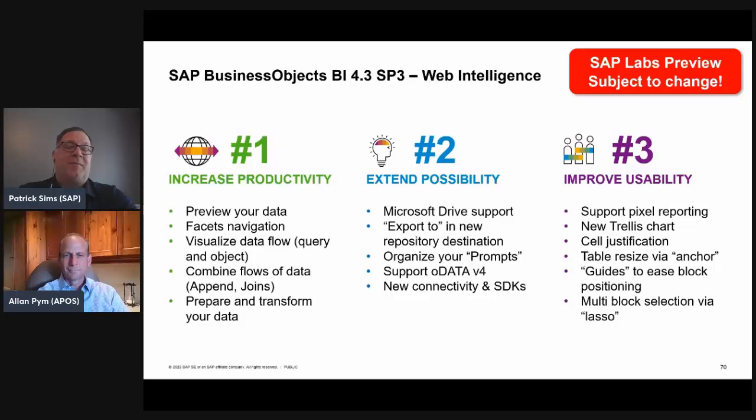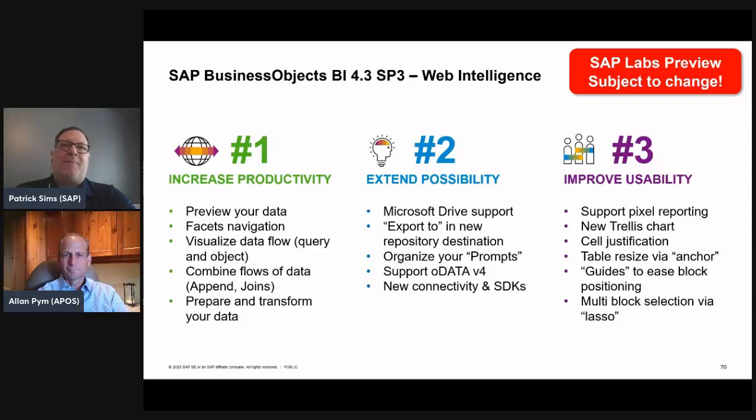Going then backwards to number two, extending possibilities. This is really more about supporting things like OData, supporting more and more data sources for the semantic layer. And that includes, by the way, a whole slew of big data and cloud data sources. And also, as you see in the first bullet there, Microsoft Drive support.